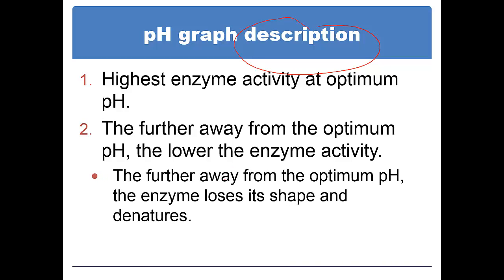And this is the reason, which is the explanation. If the question asks you to explain, you're going to say this: they will lose their shape, because they will denature because of the extreme pH value, like too acidic or too alkaline. Of course, it really depends on which kind of enzyme it is.